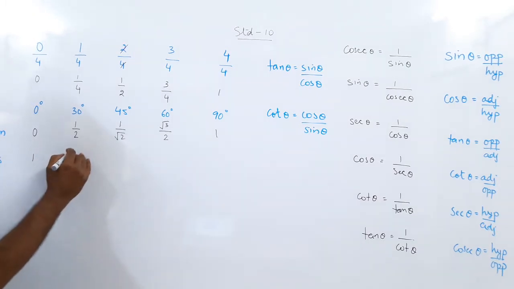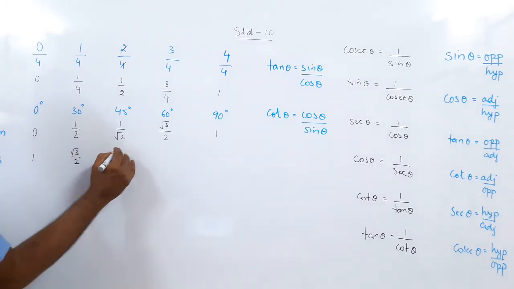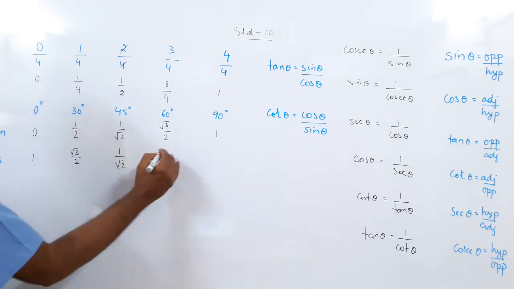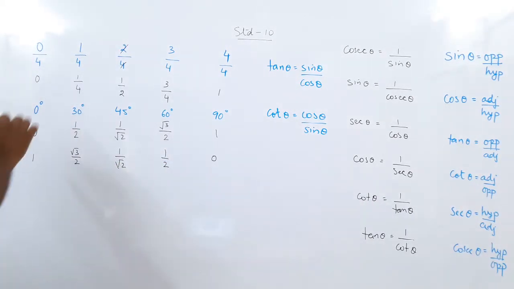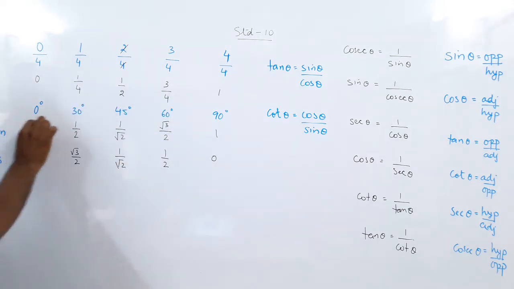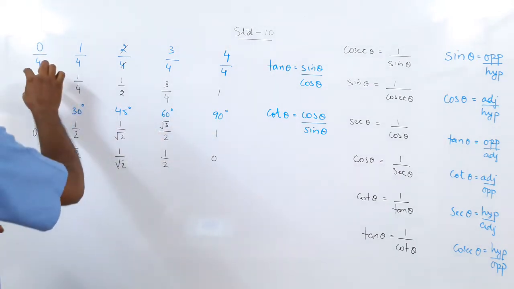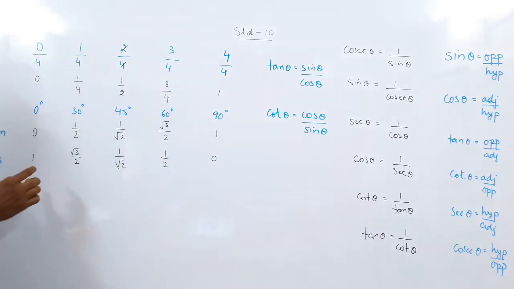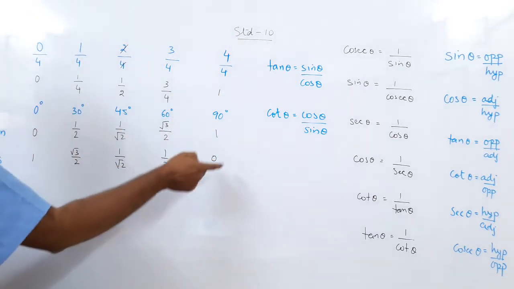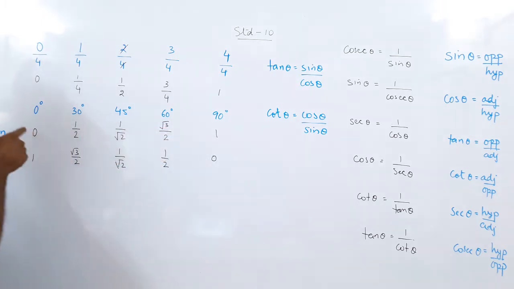Here you get root 3 upon 2. This will remain 1 upon root 2, 1 upon 2 and 0. Remember, when the angle is increasing, sine goes from 0 to 1 by taking these values. These are the square roots of these values. And cos is the opposite. As the angle increases, the value decreases. It goes from 1 to 0. So I wrote in the opposite way.